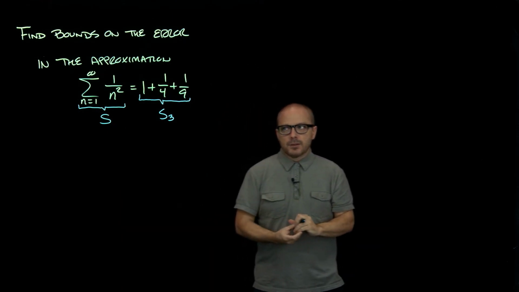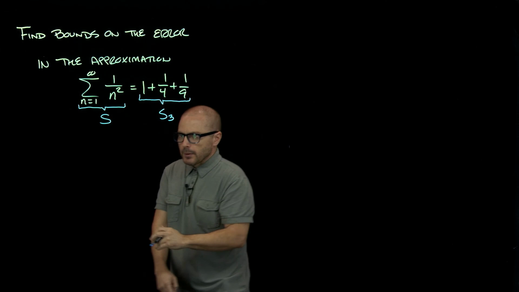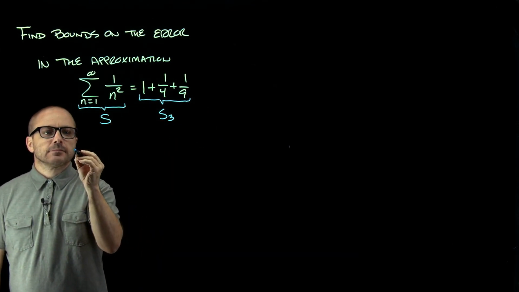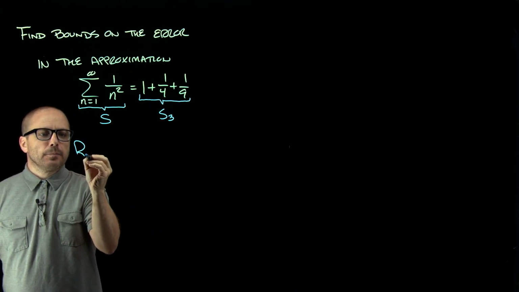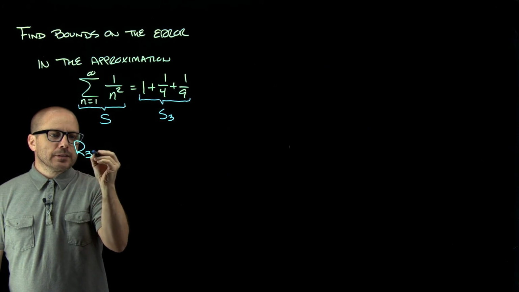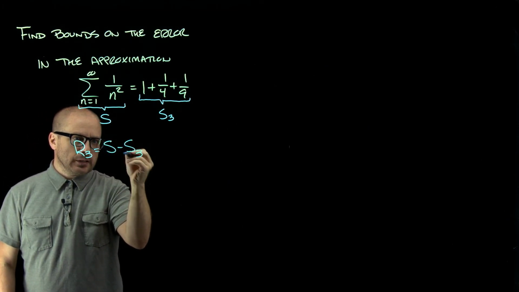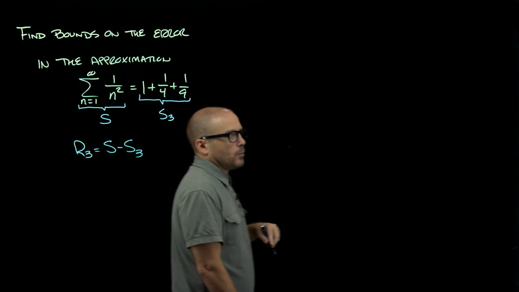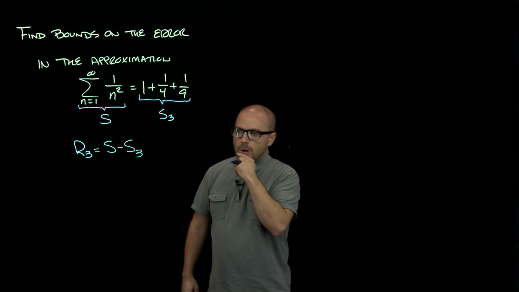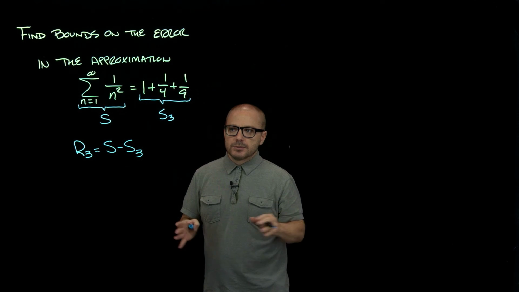That's what we call the remainder. Remember, we defined R sub n, or in this case R sub 3, as the difference between the actual sum and that approximation.